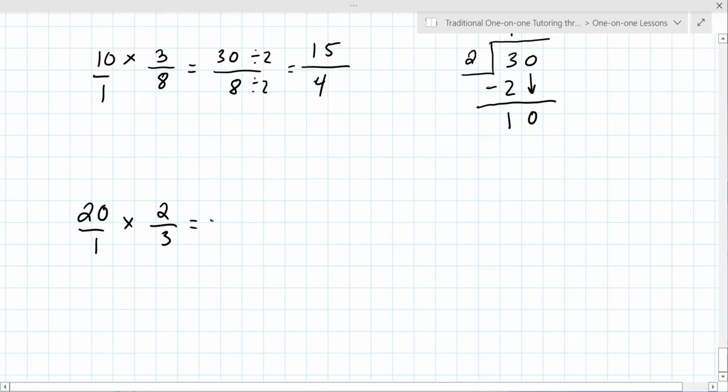Well, tell me what you get on the top and the bottom first. Okay, let me know when you get the number for the top and for the bottom.